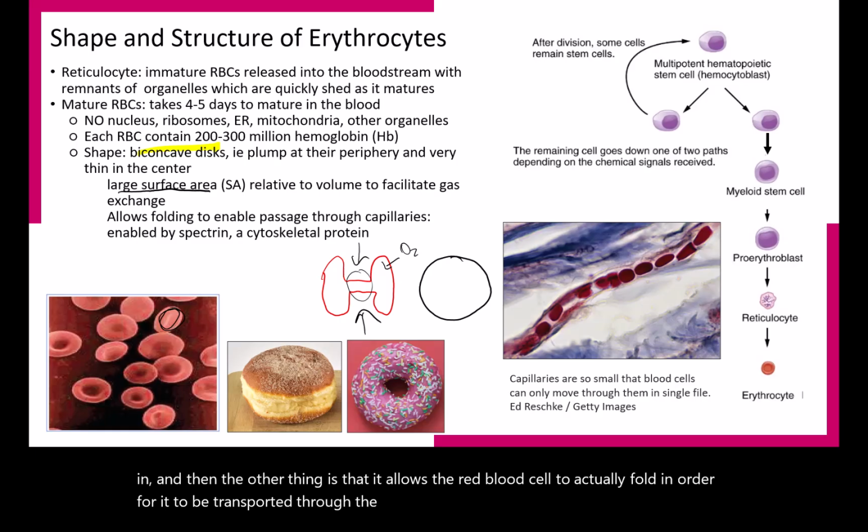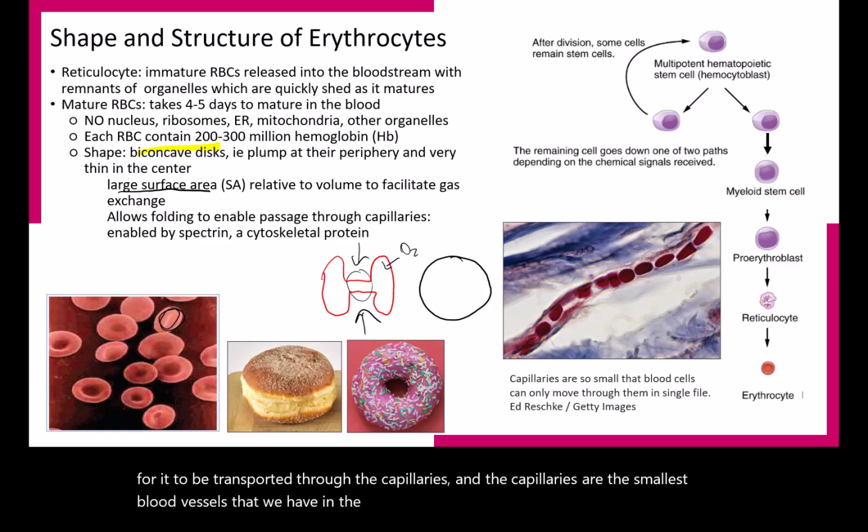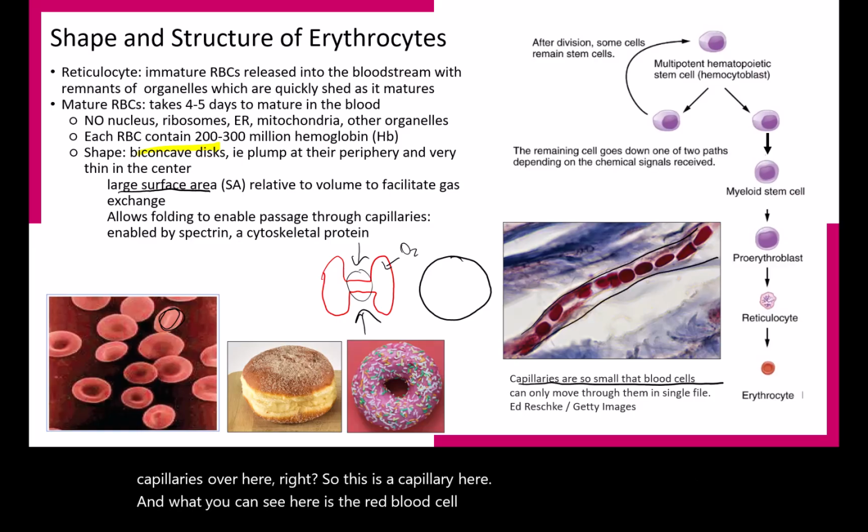And the capillaries are the smallest blood vessels that we have in the body. And what you can see here is the capillaries over here, right? So this is a capillary here. And the red blood cell is just about the size of the capillary.